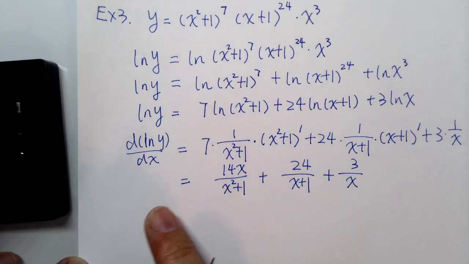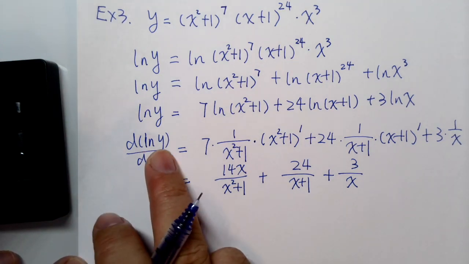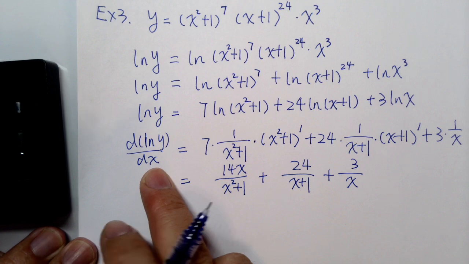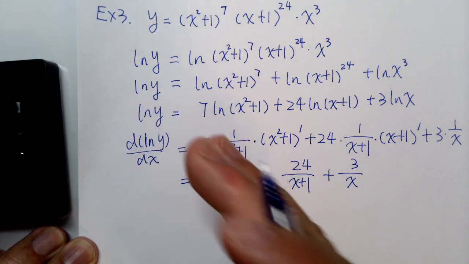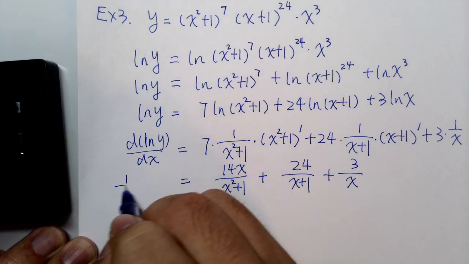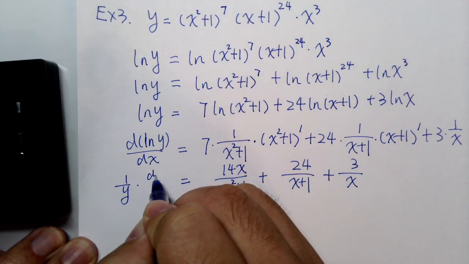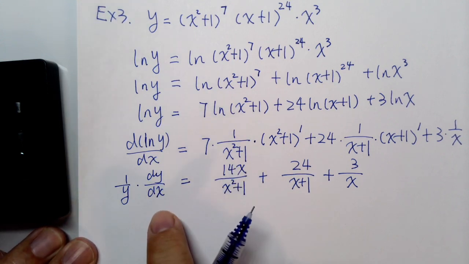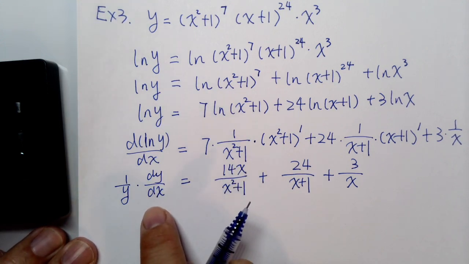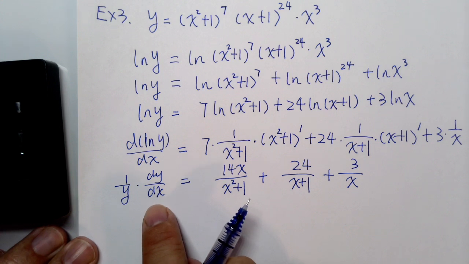The left-hand side is the derivative of ln y with respect to x. Again, you're going to use the chain rule because y is a function of x. So that's going to give us 1 over y times dy dx. Look at the expression on the left-hand side: we want this dy dx. That's what we are looking for.